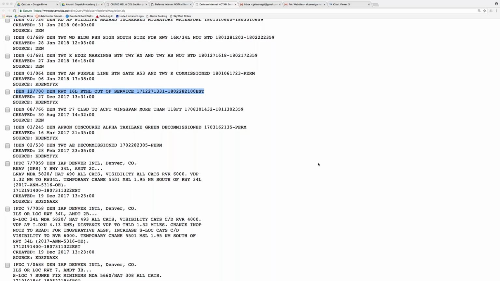Okay. What does that EST stand for, do you think? Estimated. Perfect. So that's when they don't have an official time locked down.